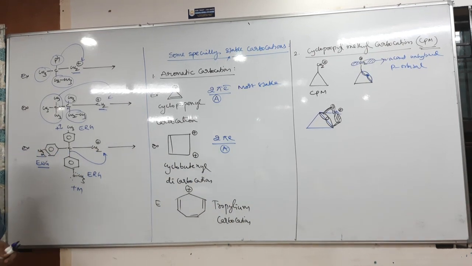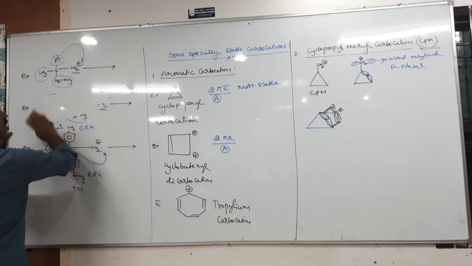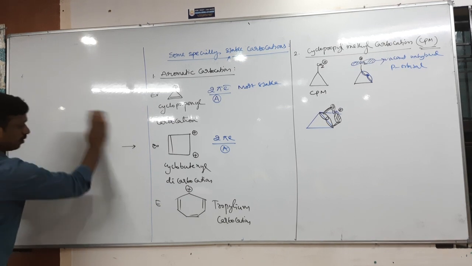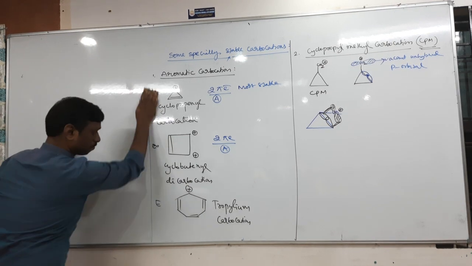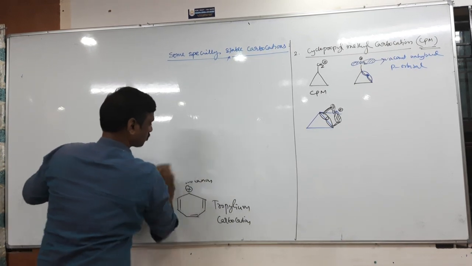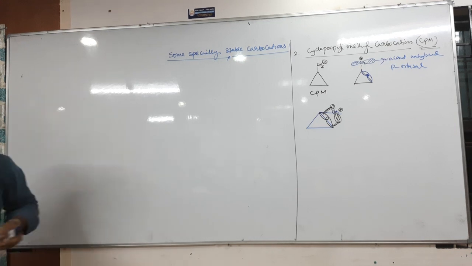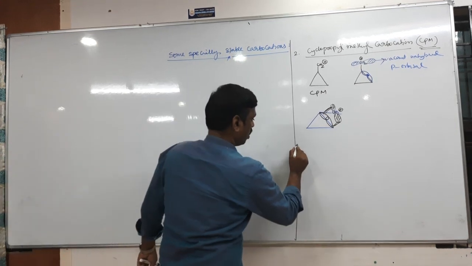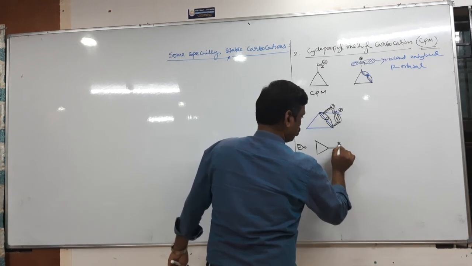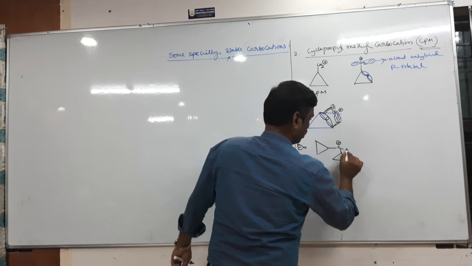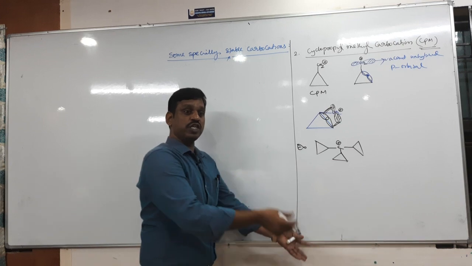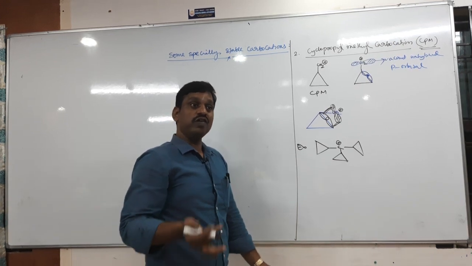Now let us see the overall stability of all carbocations. Before that, take one example: tertiary CPM. If there are 3 CPM groups, it is again extraordinarily stable.